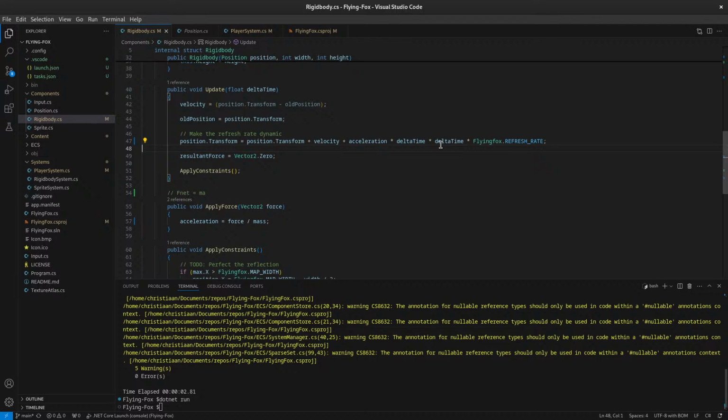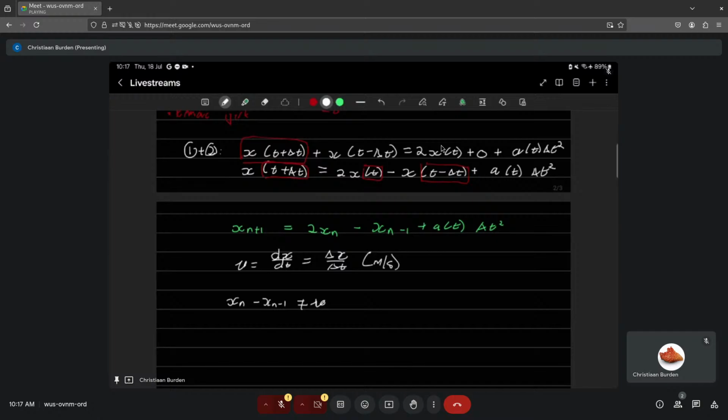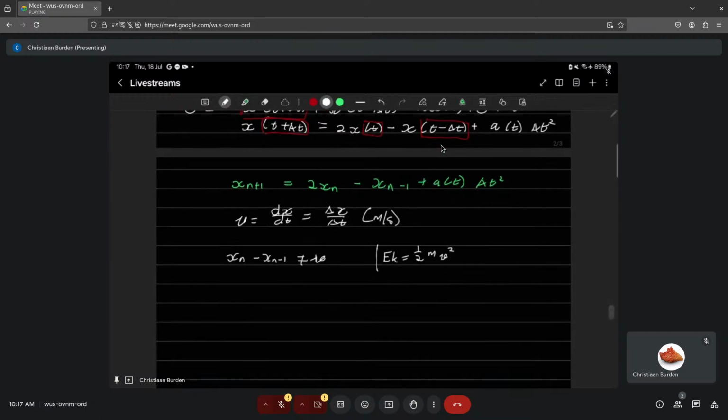Let me just show you. If you say the kinetic energy is equal to this, and you want to calculate that, when you don't have constant time steps, the Verlet integration won't work as well, and this won't be conserved, if I can say so. So we'll put that in later.